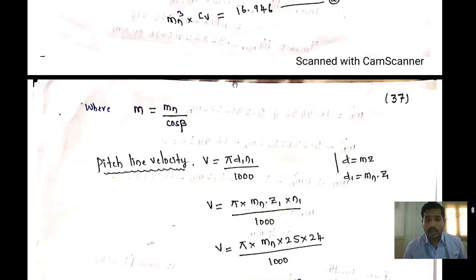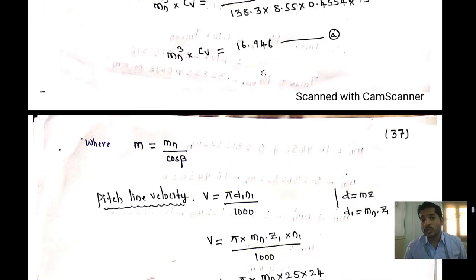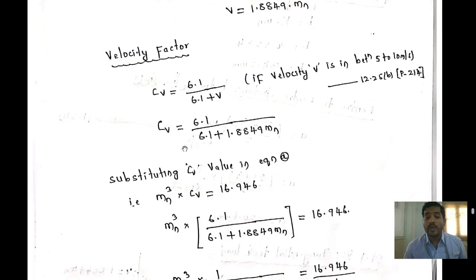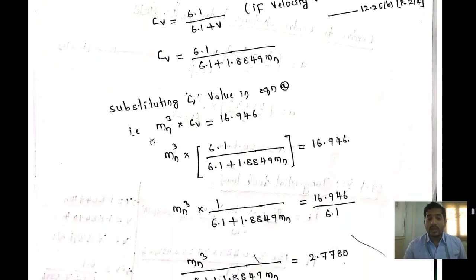In the above equation, Mn cube into CV equal to 16.946, we have to substitute the value of CV in equation A. Mn cube as it is, and CV is 6.1 by 6.1 plus 1.8849 Mn, equal to 16.946.